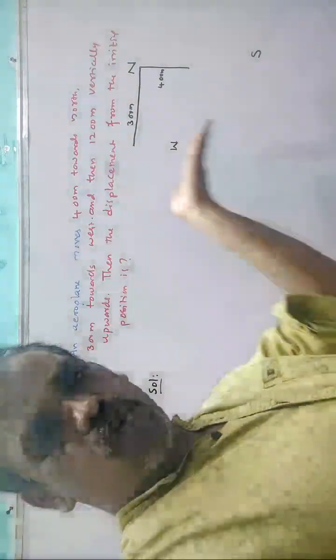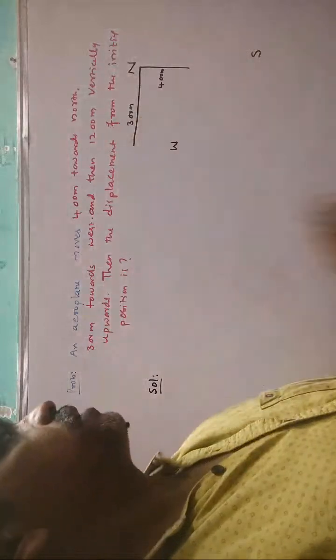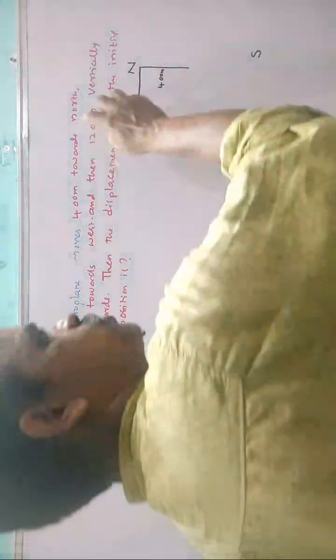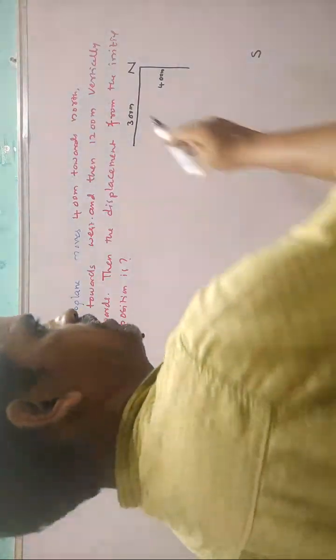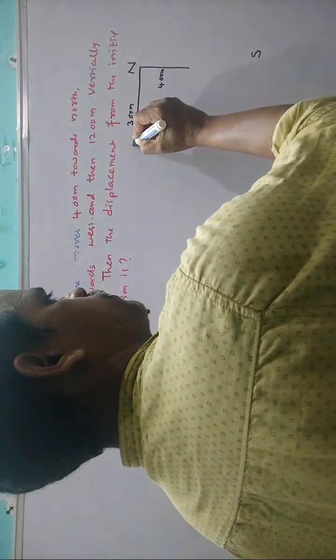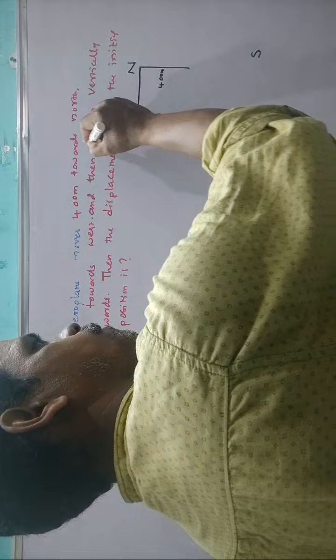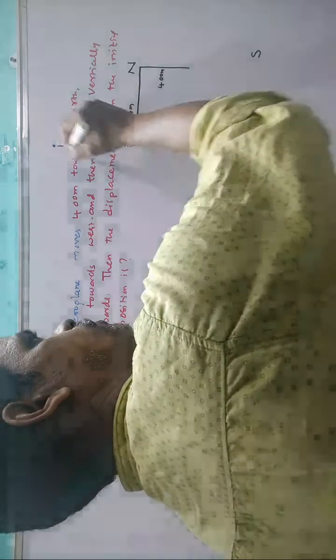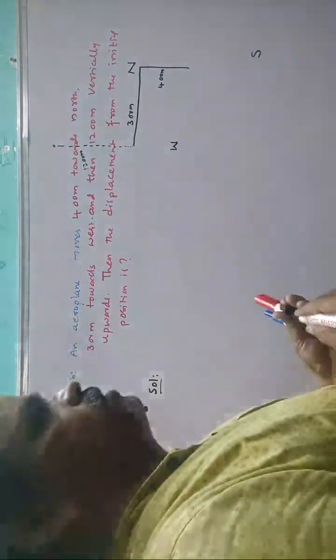First it goes up, moves towards west 300 meter, and then 200 meter vertically upwards. So from here it goes up, vertically upwards. So here this is 200 meter, is it?